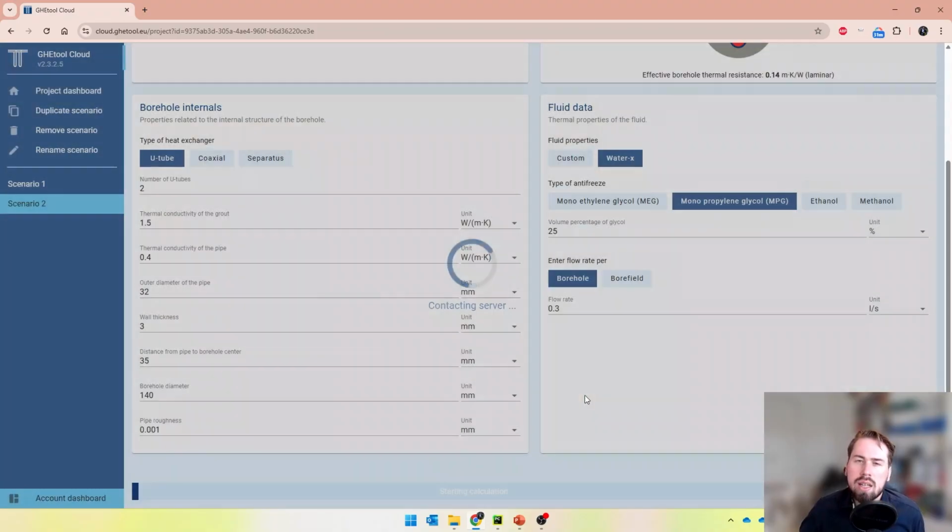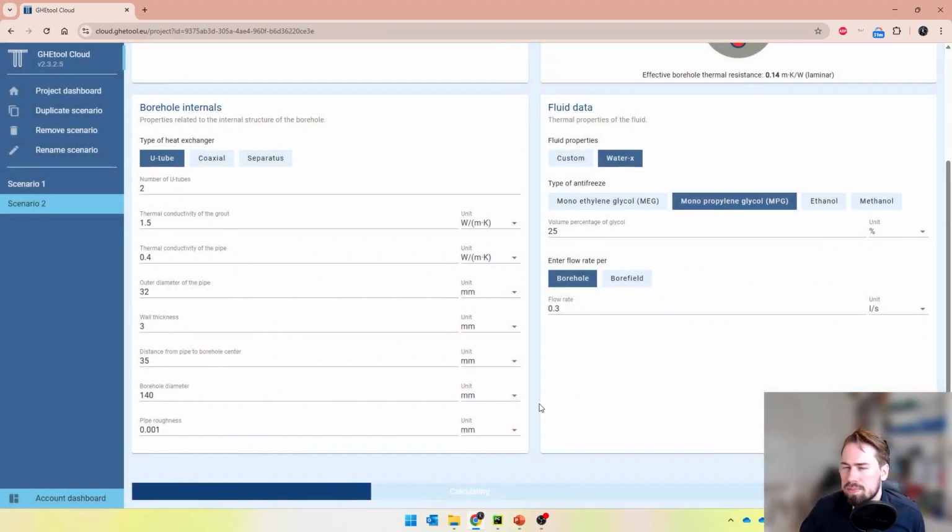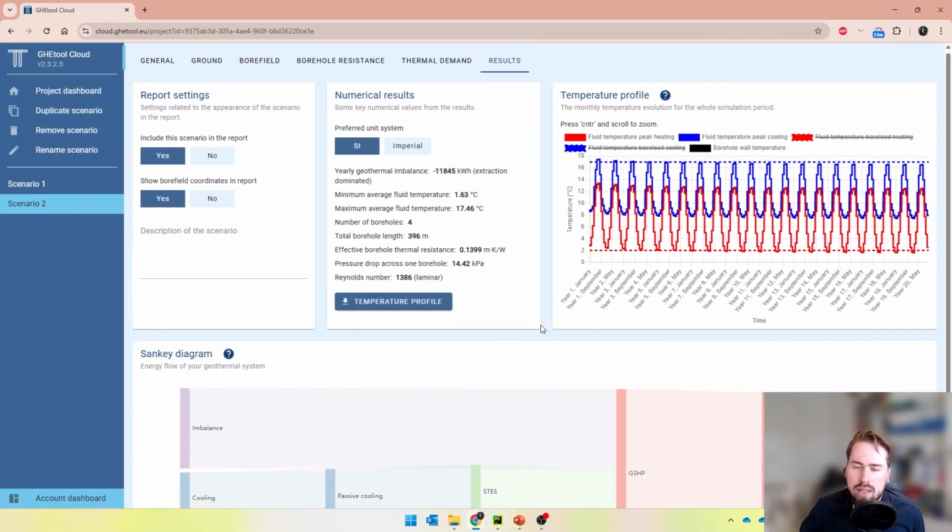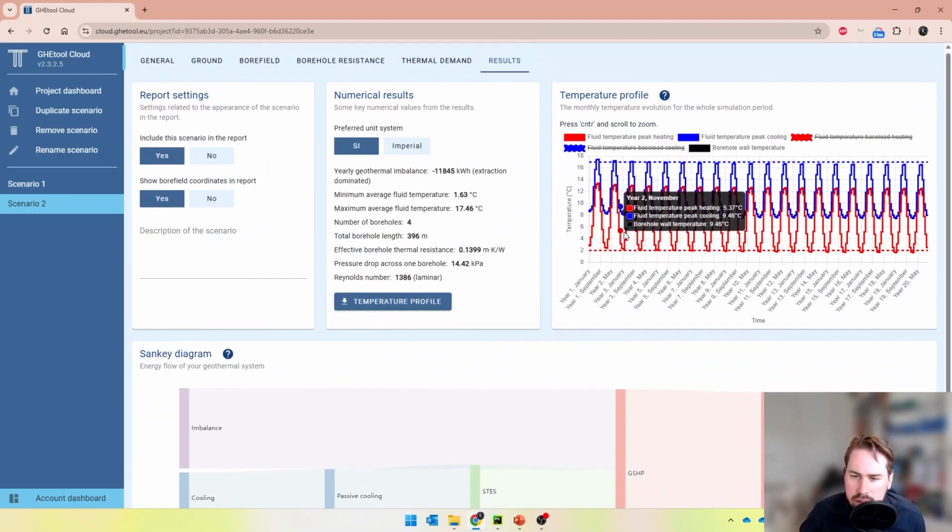And if we now recalculate this situation, you can actually see that your temperature now goes a little bit under the threshold. So there is more than a degree difference between both simulations.